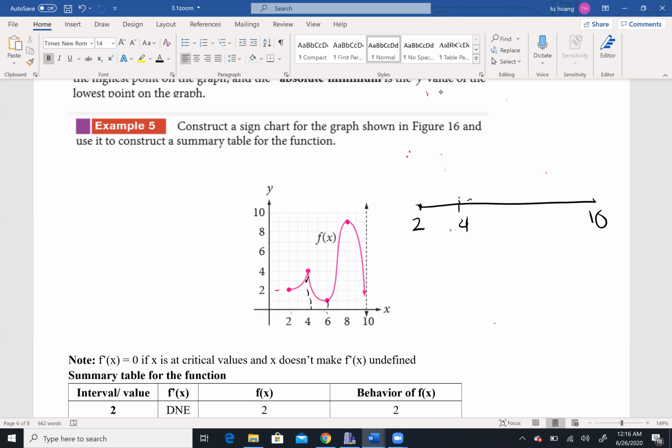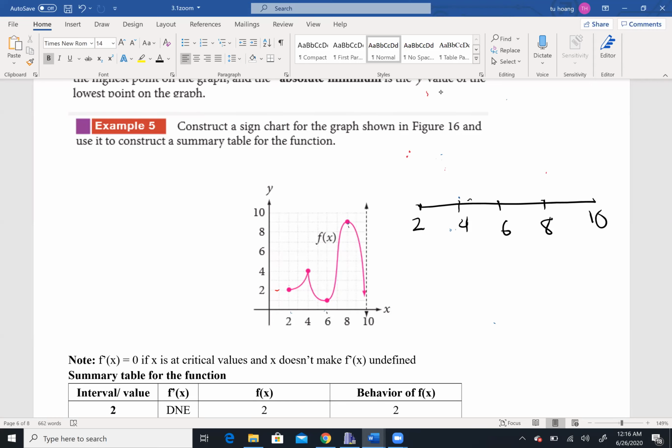The second one should be 6, and the third one is 8. Okay.